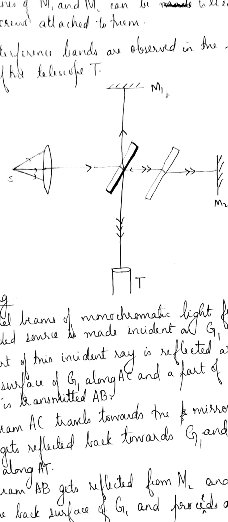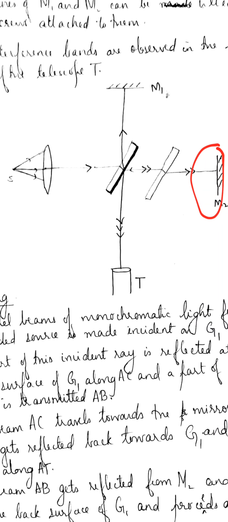Now the Michelson's interferometer consists of two plane mirrors M1 and M2, placed perpendicular to each other. See, they are at an angle of 90 degrees with respect to each other. Then mirror M2 is fixed, whereas M1 is movable.